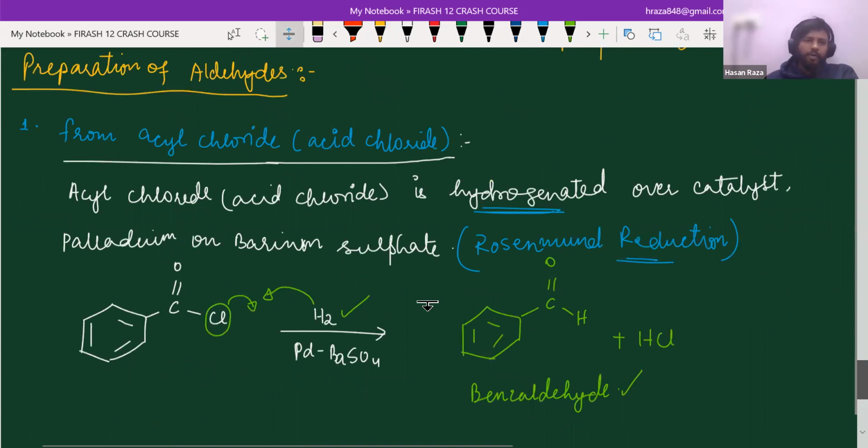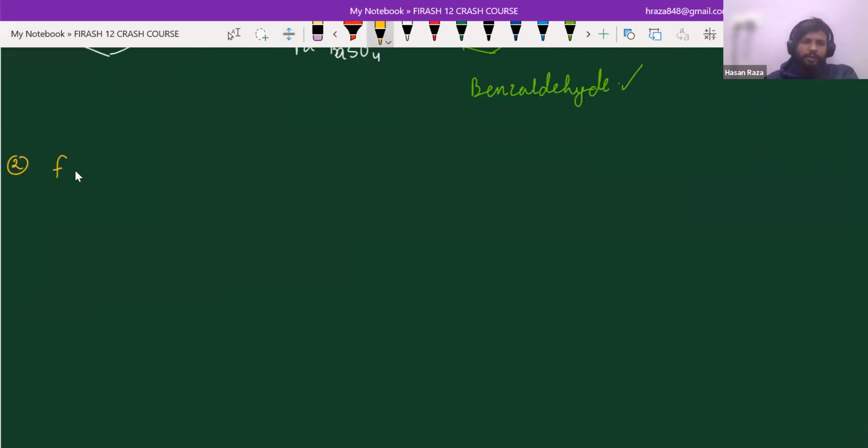Now we are going to do the next stage from nitriles, that is also known as cyanide, and esters. You are aware of these two functional groups, nitriles and esters. And from nitriles, there will be a name reaction, that is the Stephen reaction.